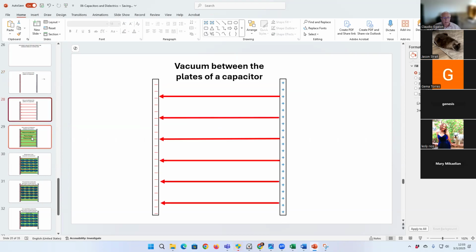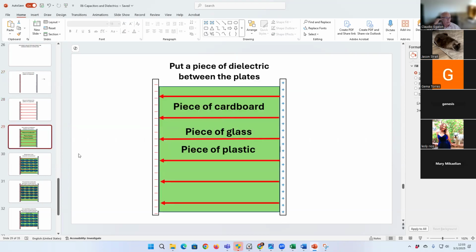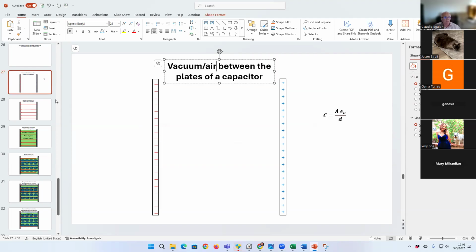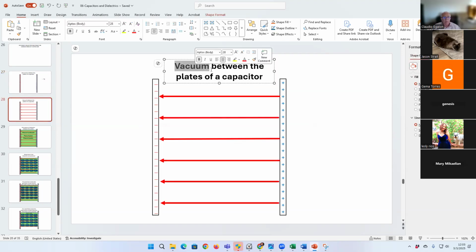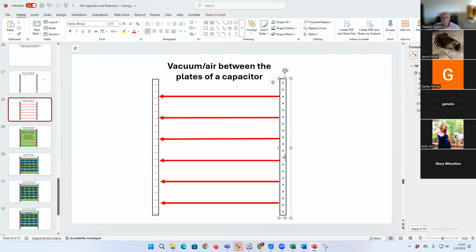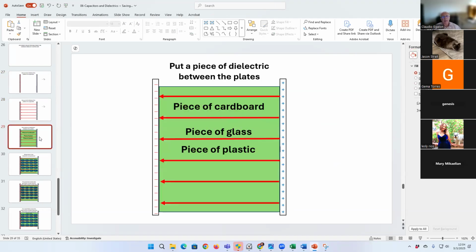However, when you put something else there inside, like a piece of cardboard, a piece of glass, a piece of plastic, something else happens that changes the equation slightly, okay?